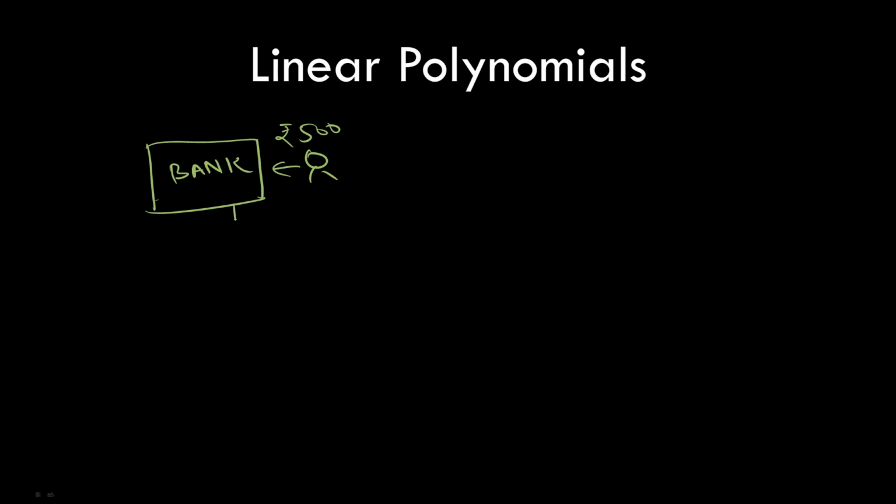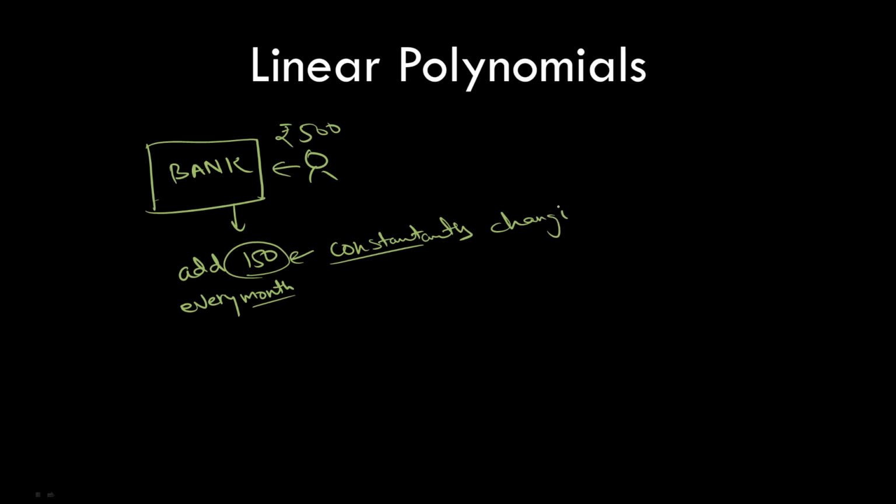And they say that we will add 150 every month. So we can see that 150 is added constantly every month. It is not changing. This is constantly changing. So we can now see a table here.